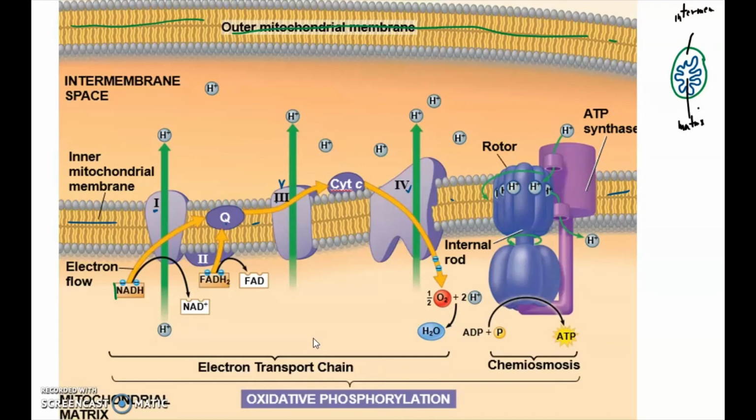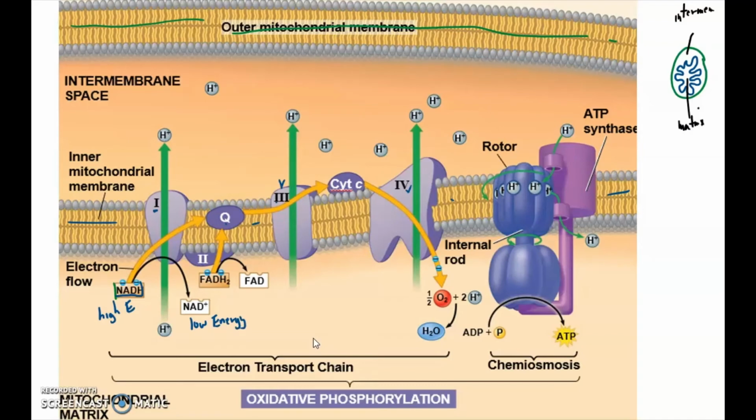We've got our high energy NADHs that are coming here, and they're going to offload their high energy electrons. And this is a high energy compound, the NADH. The NAD with a plus is a low energy compound.